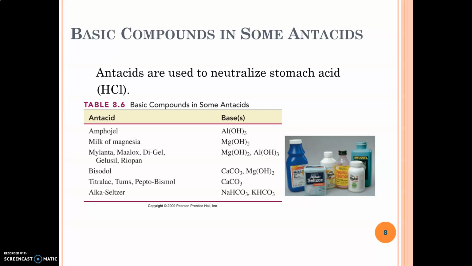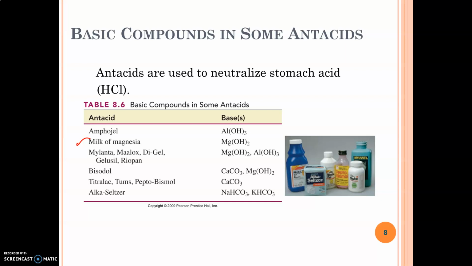When you go to the doctor, how can you treat that heartburn? You can treat it by drinking something, an example called milk of magnesia. Milk of magnesia is actually magnesium hydroxide. Magnesium hydroxide is a base.